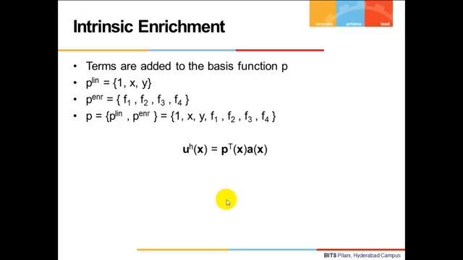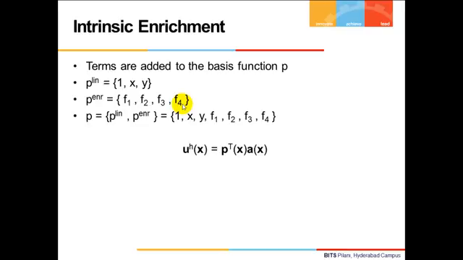When we talk about intrinsic enrichment, it basically means if we have a basis function p of x, which is a linear function in say x and y, and we have an enrichment function which depends upon f1, f2, f3 and f4, then the new basis function that we have will be a combination of the linear as well as the enrichment functions, wherein you will have 1, x, y, f1, f2, f3, f4.